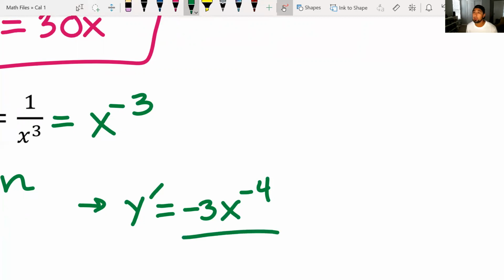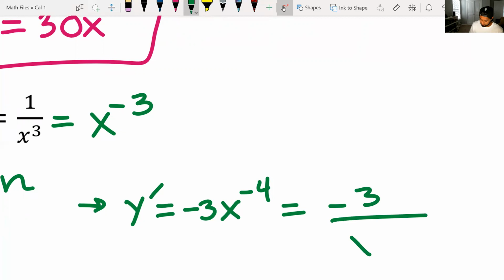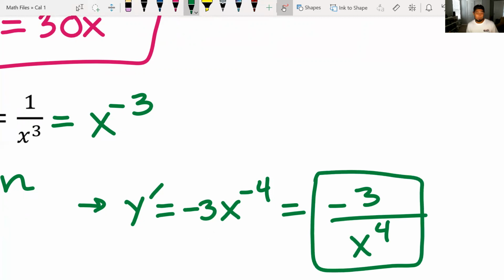Leave it in this form, you're a business major. Rewrite it, you're a calculus major. So this becomes negative 3 over x to the 4th. Done.